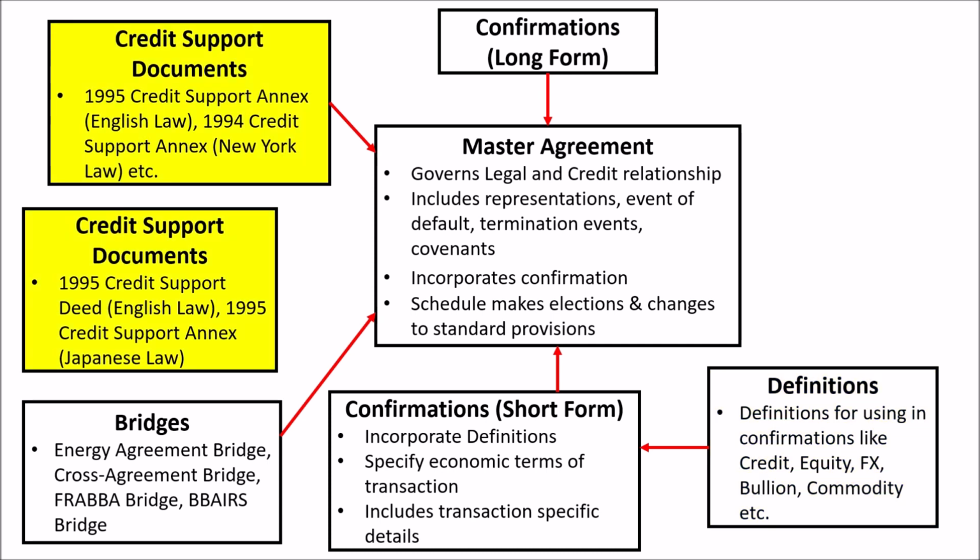Now let us move to the other set of documents, which is credit support documents. Now credit support documents can be a guarantee document or collateral agreements. Guarantee agreement is attached to ISDA on behalf of parties, gives the other party advantage.